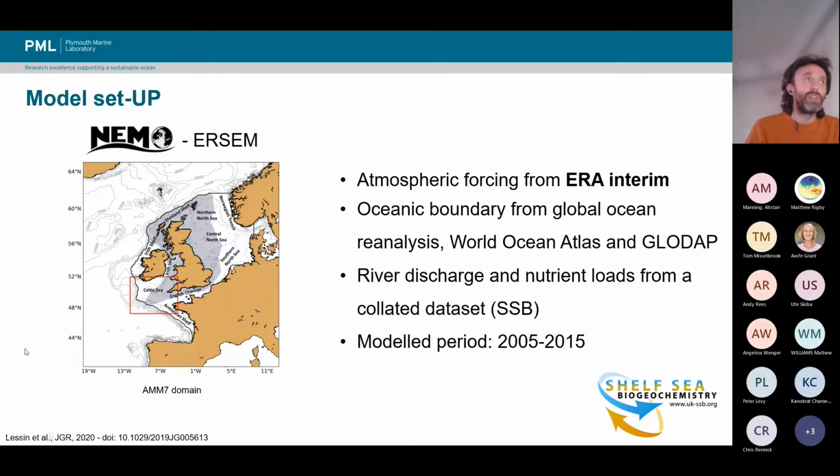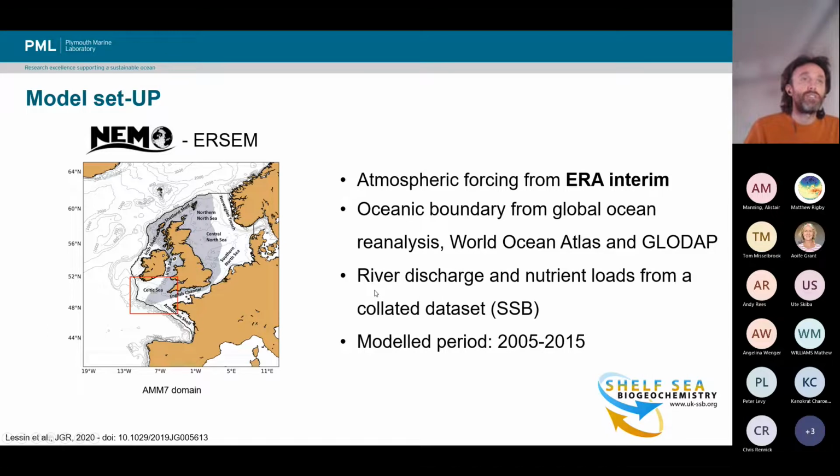To drive this model, we use atmospheric forcing, and in this case, we use the product from ERA-Interim. From now on, I will refer to this simulation as ERA-Interim, because that's the main difference from the following one that I'll talk about later. And then oceanic boundary conditions from global reanalysis.